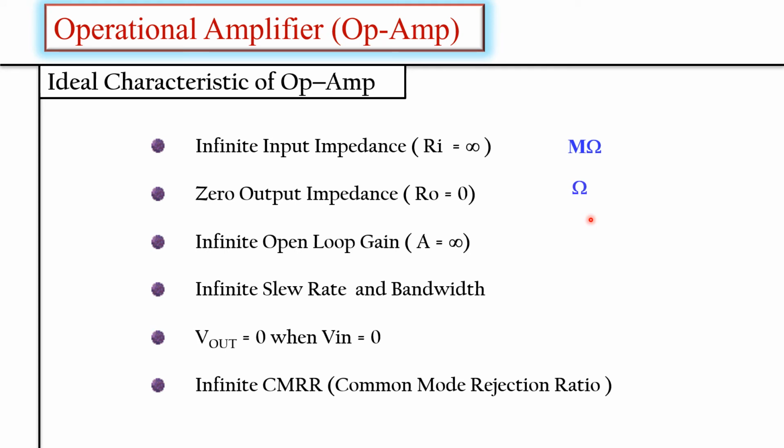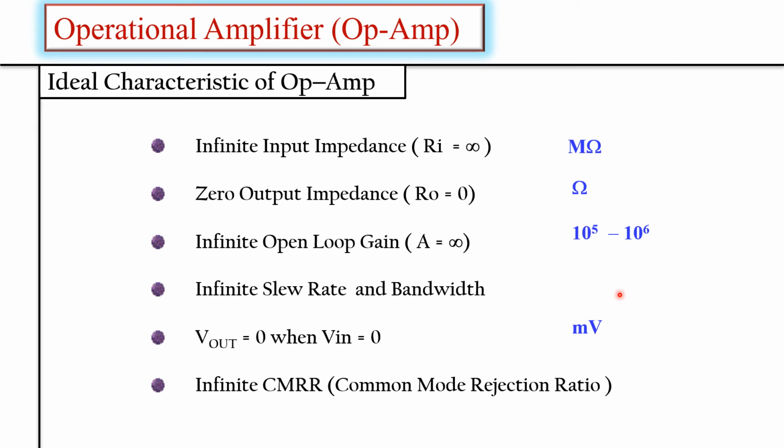Similarly, the open loop gain of the op-amp is not infinity, but is in the range of 10 raised to 5 to 10 raised to 6. Likewise, for a practical op-amp, when the input is equal to 0, you will still get some output, generally in the range of few millivolts. That is known as offset voltage. We will see more about this in an upcoming lecture.